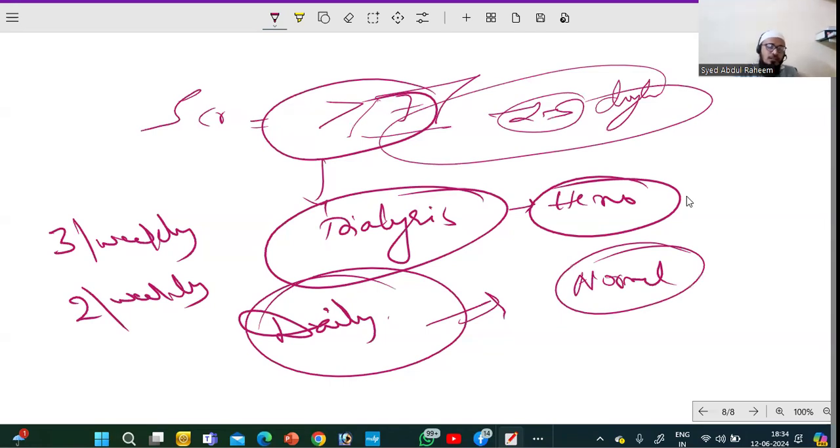Normally I saw 2 to 3 patients like this after dialysis, because they were in the acute stage. So their kidney function started normal and they have normal creatinine also. So this is in allopathy.